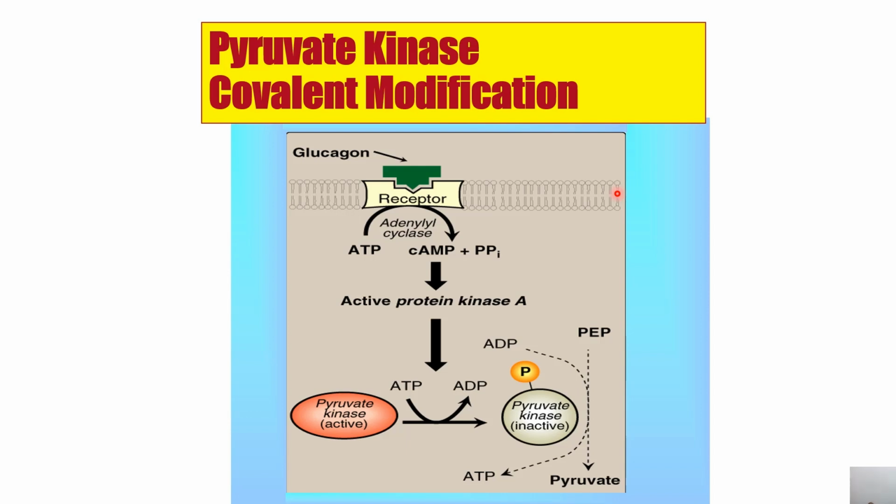For that, as shown in this schematic, glucagon is recognized by its receptor, which ultimately triggers adenylate cyclase to form cyclic AMP and PPi, or inorganic phosphate, from ATP. That will lead to an active protein kinase, and ultimately it will move ahead to the next step.